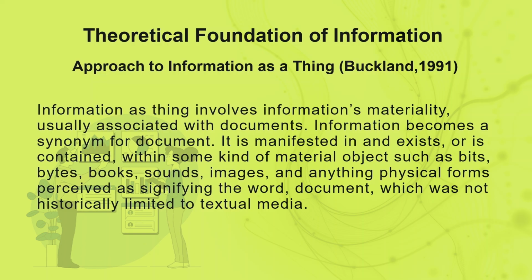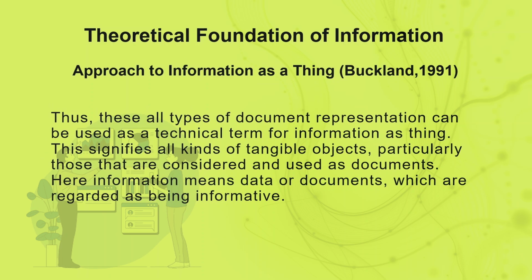It is manifested in and exists or is contained within some kinds of material objects such as bits, bytes, books, sounds, images and any physical forms perceived as signifying the word document, which was not historically limited to textual media. Thus, all these types of document representation can be used as a technical term for information as thing.